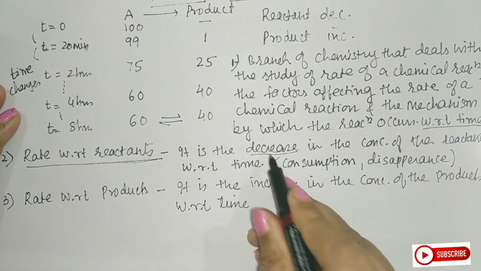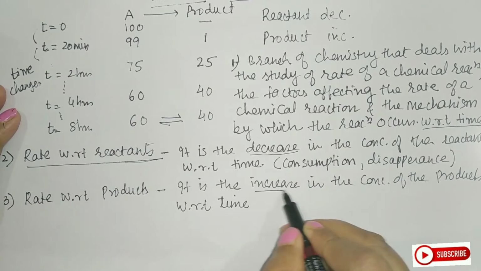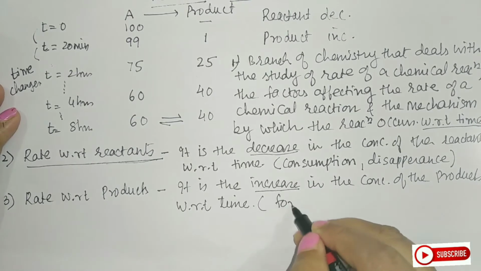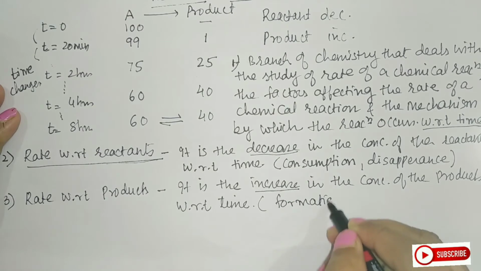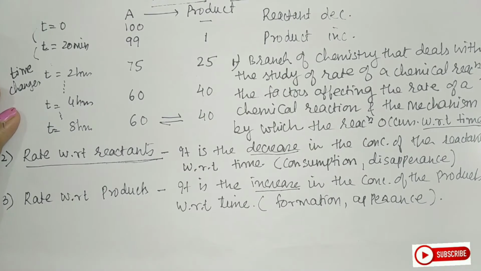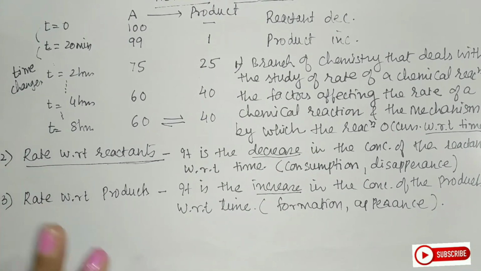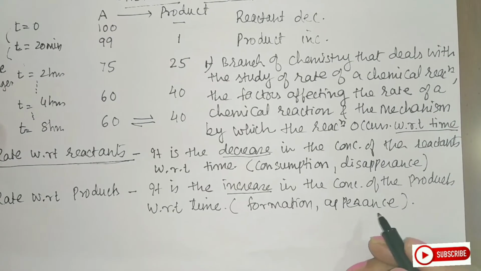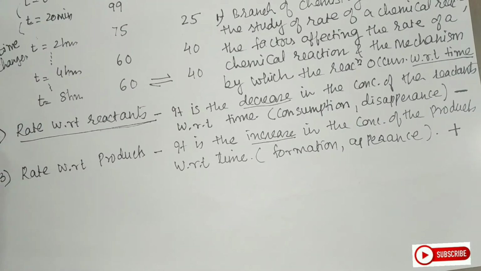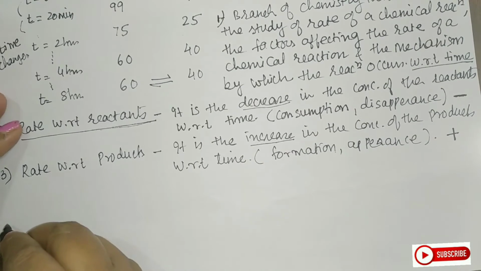Like we used those two words for decrease, similarly we have a few words for increase, and that is formation or appearance. So those are the terms we'll be using for reactants and products. A few more sign conventions we use: for reactants the minus sign, and for the products a plus sign.